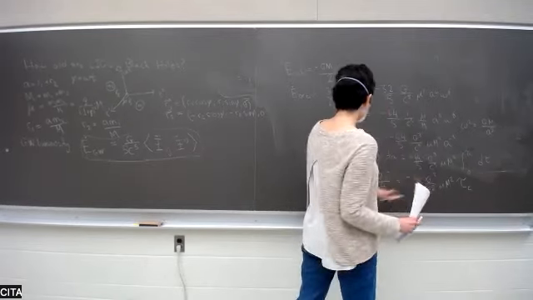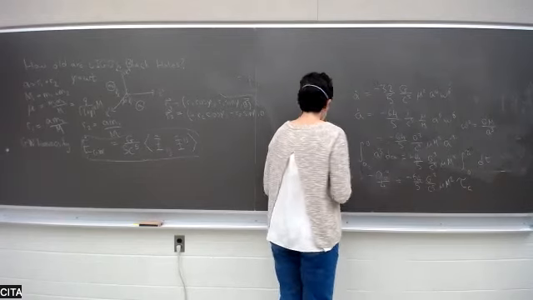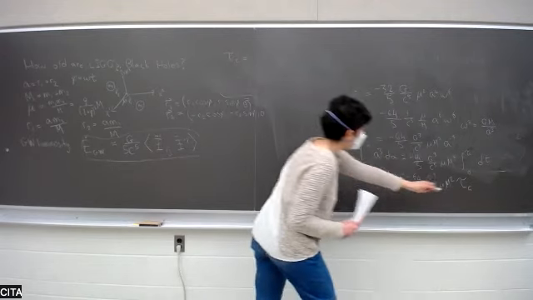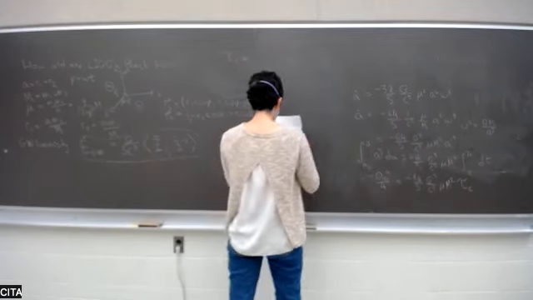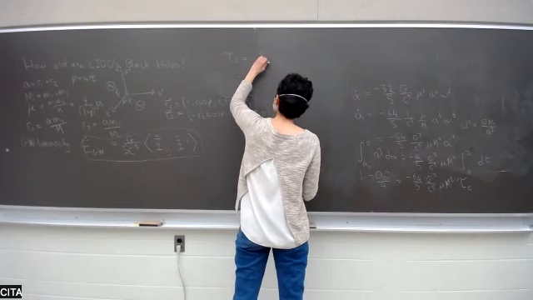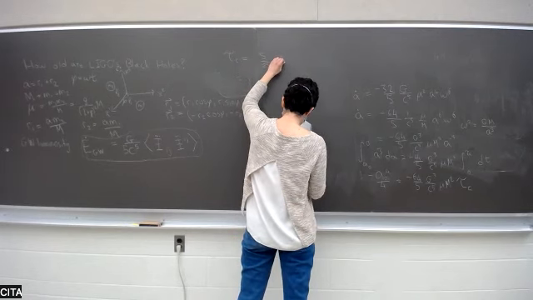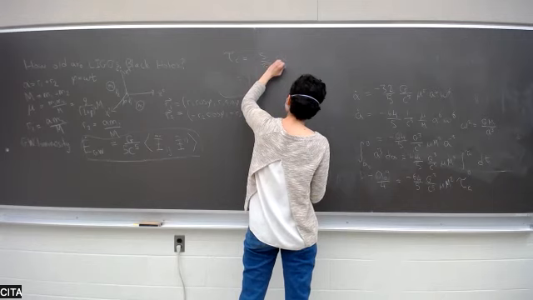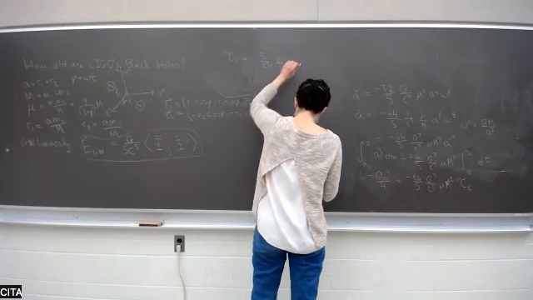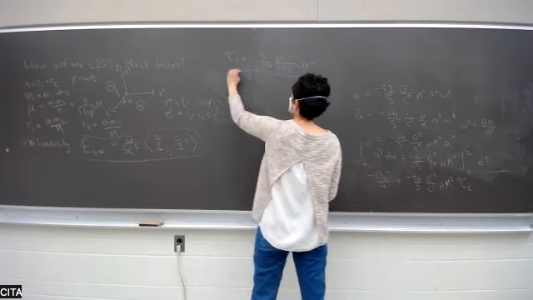I can rearrange all of this to give me that the coalescence time tau c as a function of A naught is 5 over 256 c to the 5th over G cubed mu M squared A naught to the 4th.